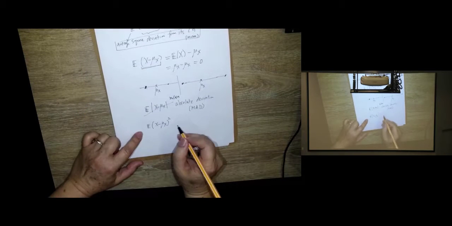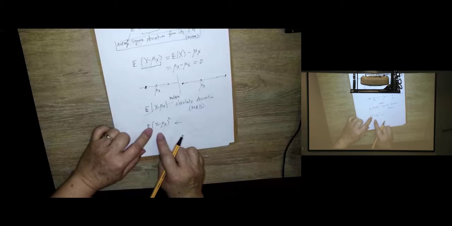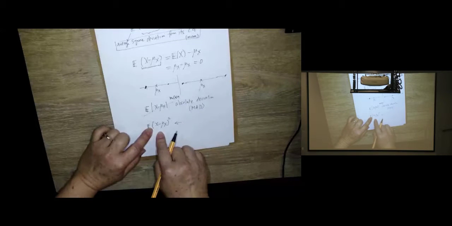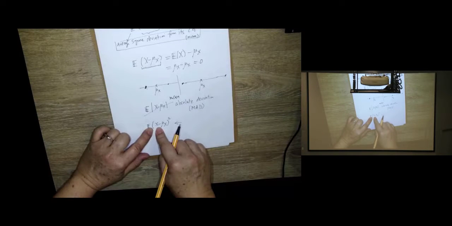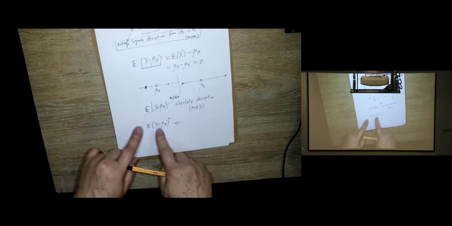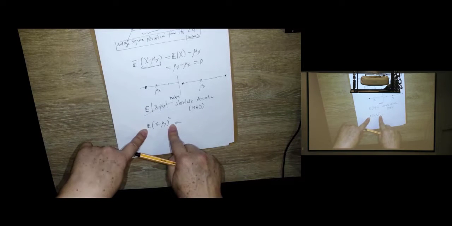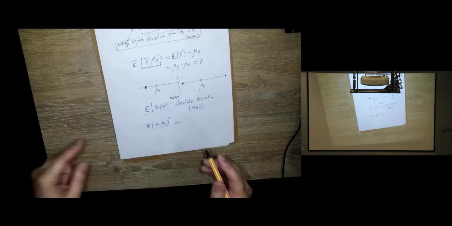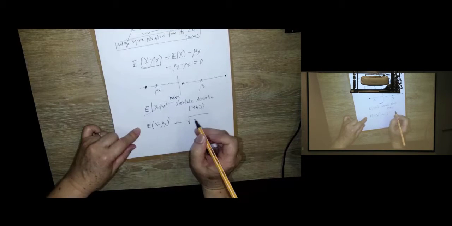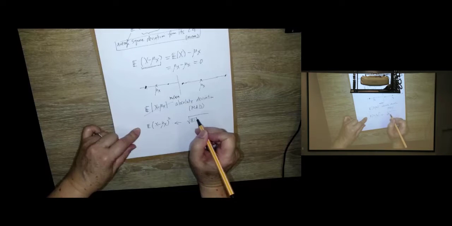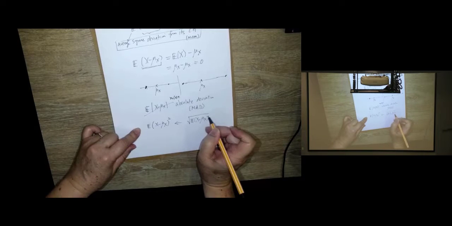Now this is going to be the variance, but the variance is measured in the wrong unit, because if x is measured in, say, meters, the expectation here will be meters squared. So it's not the same unit as your original measurement. That is why they take a square root of this, and that would be the standard deviation.